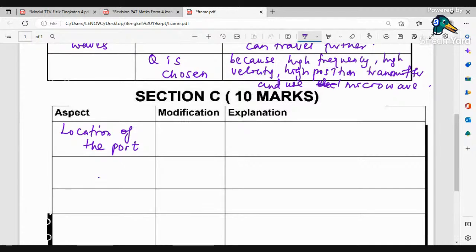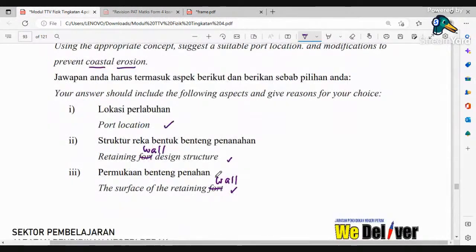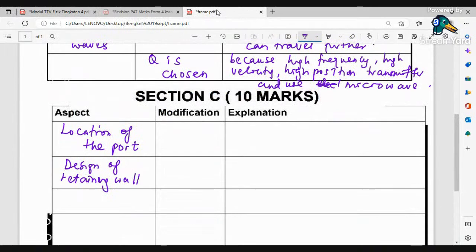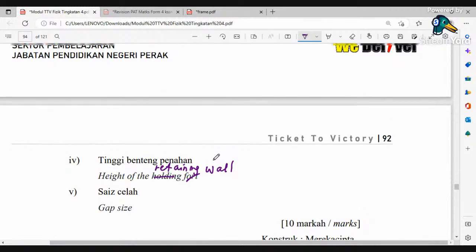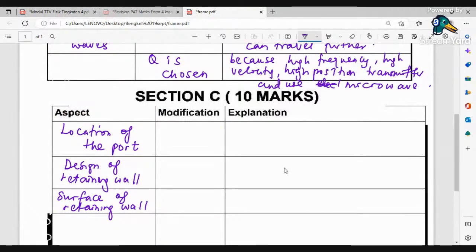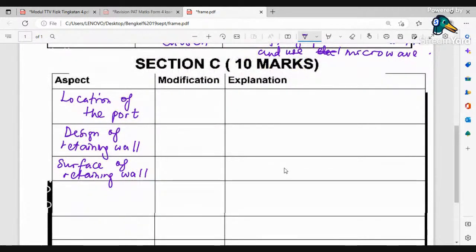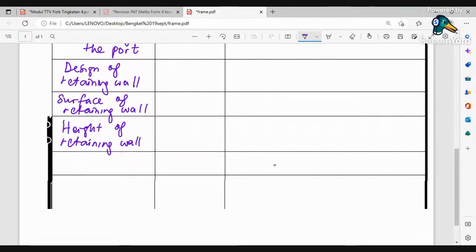Design of wall. Then we have surface of retaining wall. Height of retaining wall and gap size.